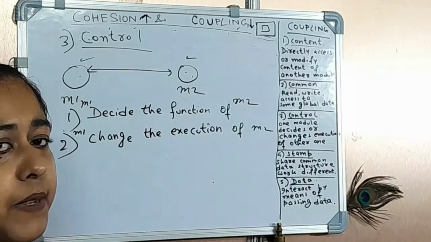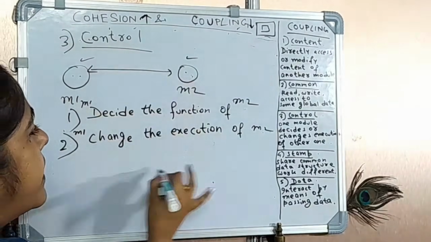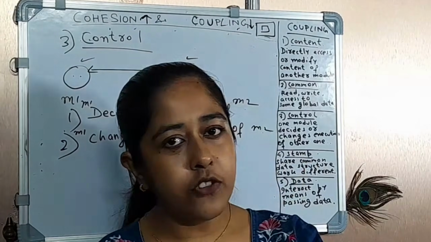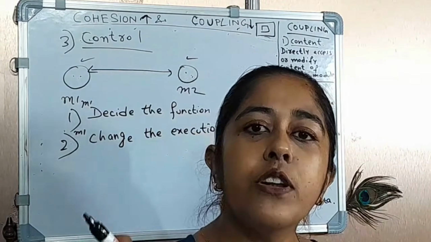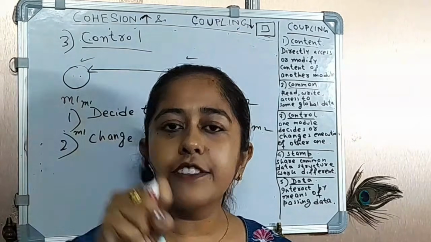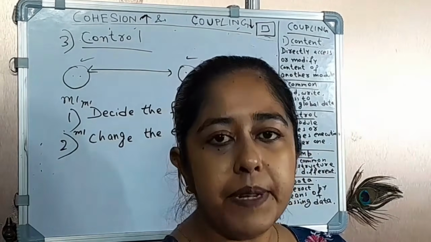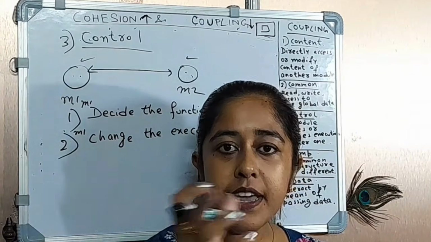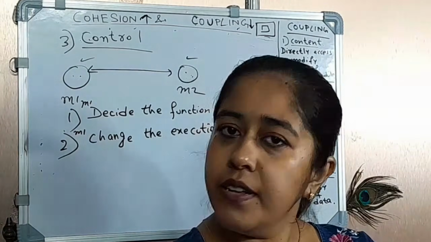Whatever execution is being done in M1 or M2, each can change the execution of the other one. So this kind of coupling, where the control of one module is taken by another module, is known as control coupling.